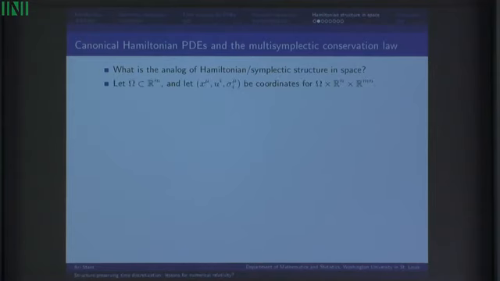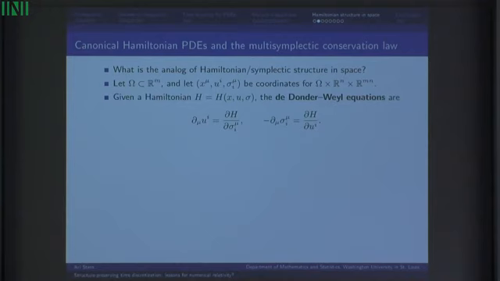There's this generalization where my UIs are playing the role of QIs, and instead of having a single conjugate momentum PI, I actually have this whole matrix of conjugate momenta. Basically, I have a conjugate momentum for each spatial direction. We have these equations called the de Donder-Weil equations, which are a generalization of Hamilton's equations of mechanics.